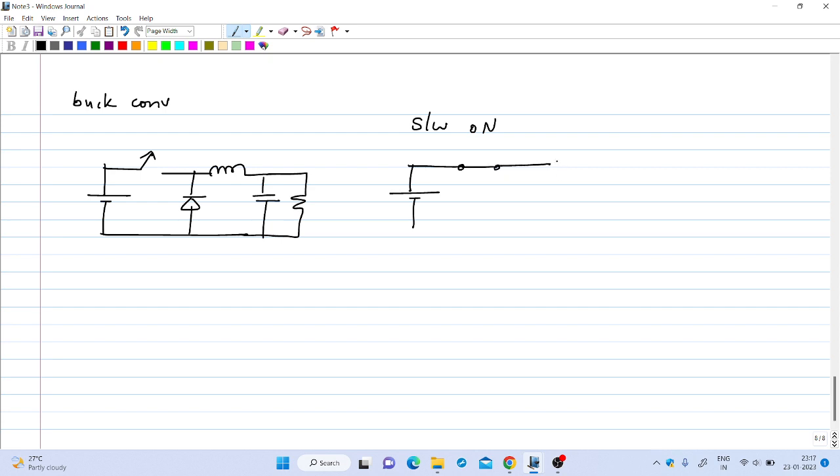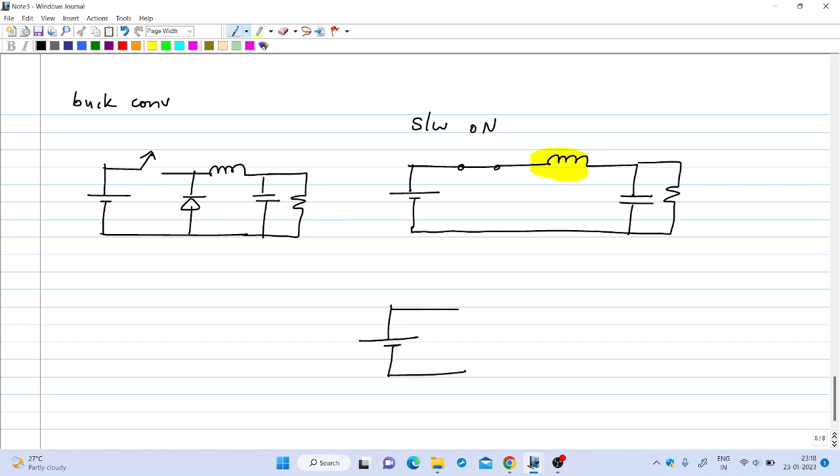The switch will be on, diode will be off, and if you want to write the equations corresponding to on state, you can just replace this inductance by its equivalent circuit. The other parts remain the same. For the switch, there will be an on state resistance, so we can model the switch by its on state resistance Rs.